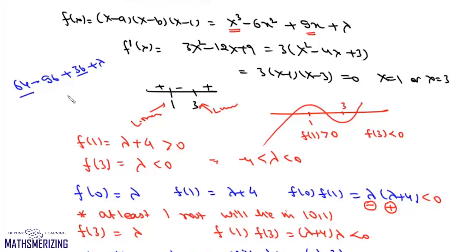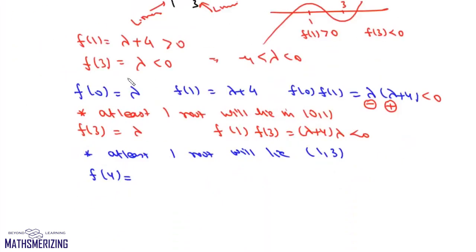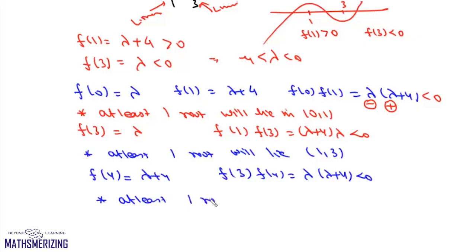Now this is 100 minus 96, so this again is lambda plus 4. So we can write f(4) is lambda plus 4, and then f(3) into f(4) is lambda into (lambda plus 4), which again is less than 0, which means at least one root will lie in the interval 3 to 4.